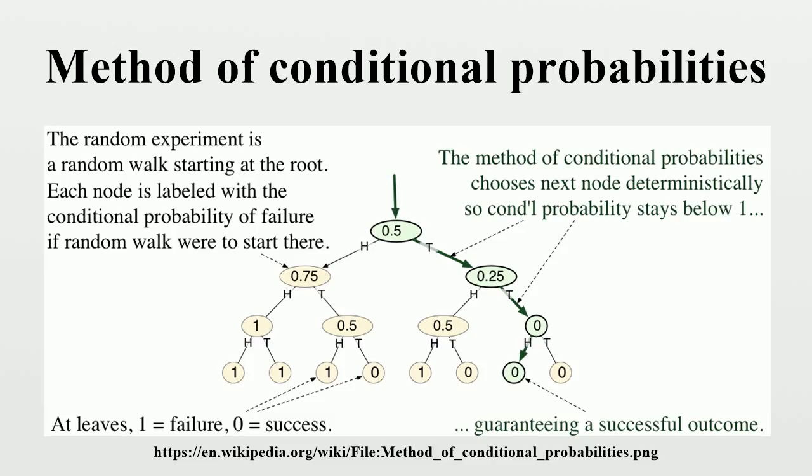In the ideal case, given a partial state, the conditional probability of failure can be efficiently and exactly computed. If this is so, then the algorithm can select the next node to go to by computing the conditional probabilities at each of the children of the current node, then moving to any child whose conditional probability is less than 1. As discussed above, there is guaranteed to be such a node.